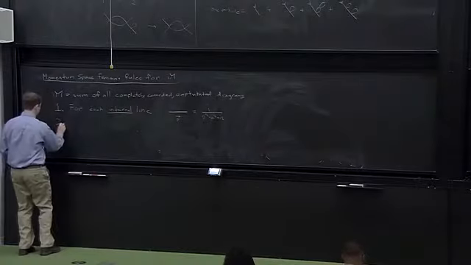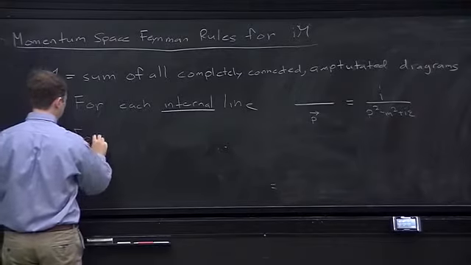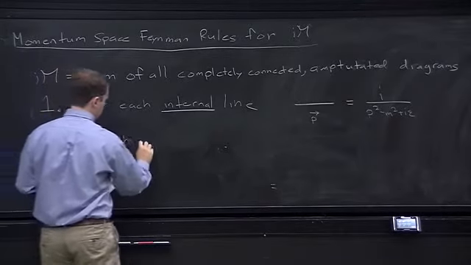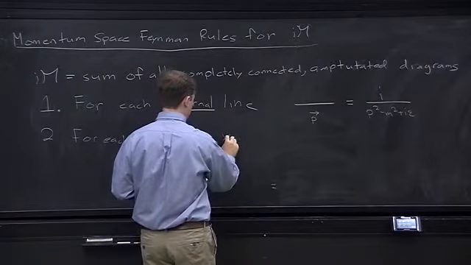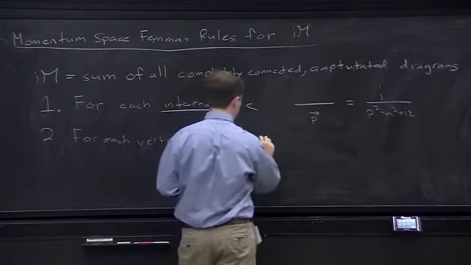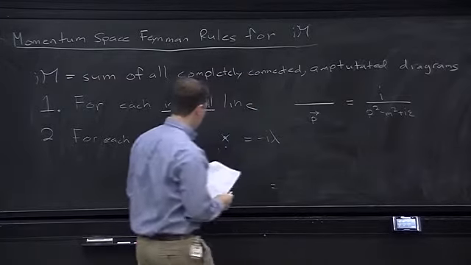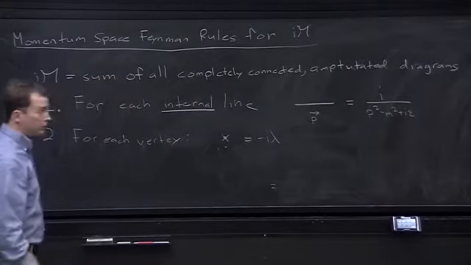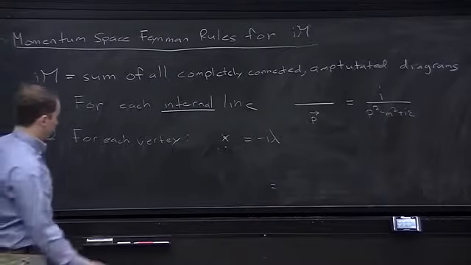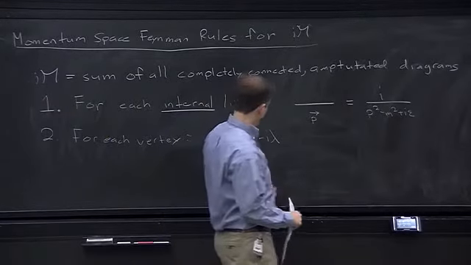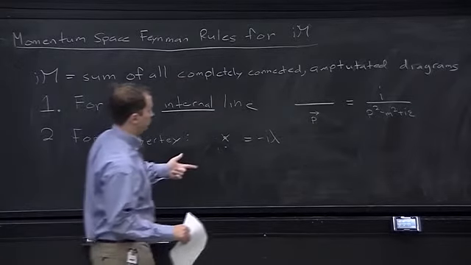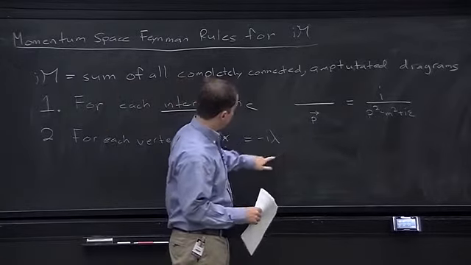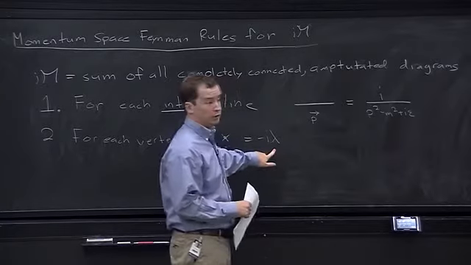The second rule is for each vertex, we get a factor of minus i lambda. In position space, we also had an integral here. So we've used those position integrals when we've gone to momentum space to basically do Fourier transforms. So in momentum space, there are no integrals left over.